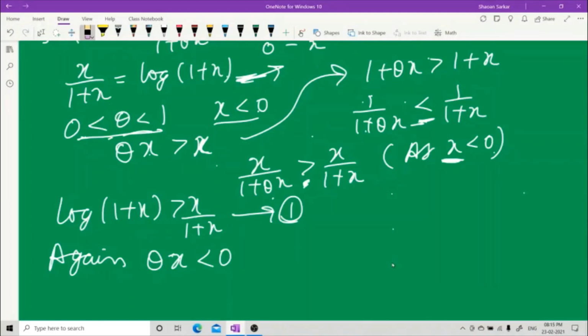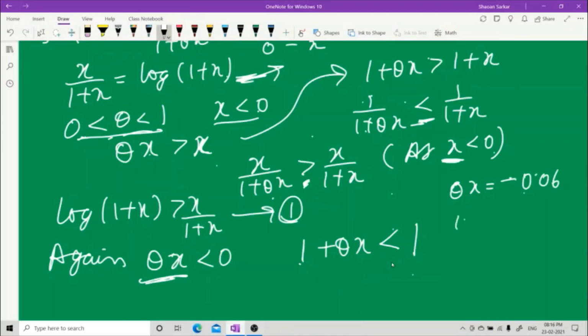Now add 1 on both sides. 1 plus theta x will be less than 1 only. Why? See the example. Theta x was minus 0.06. Now 1 plus minus 0.06 is nothing but 0.94, which is less than 1.